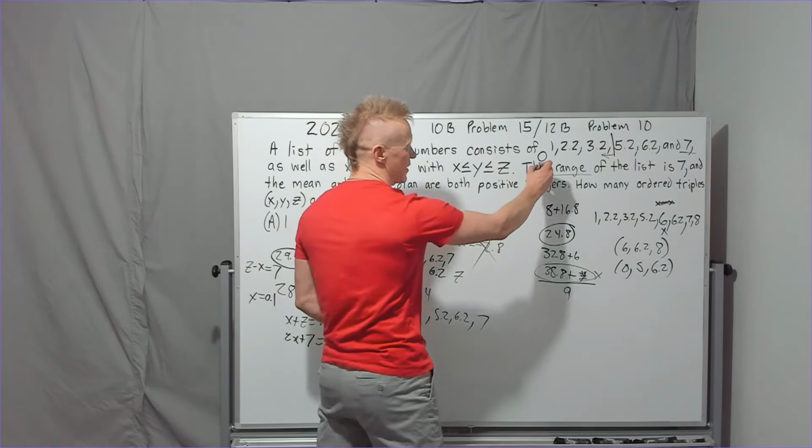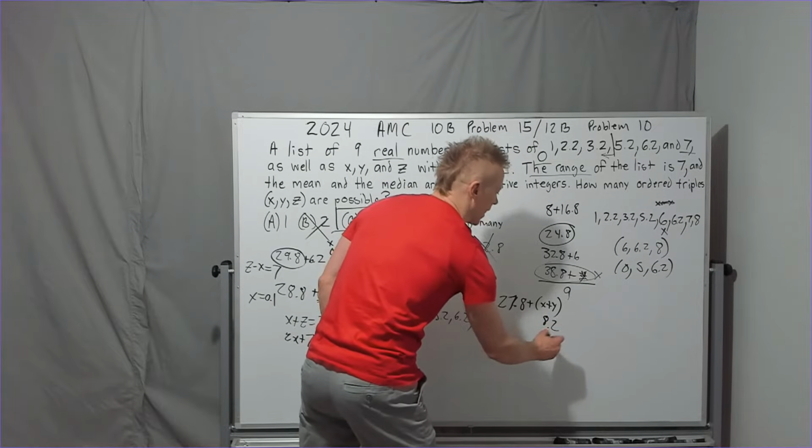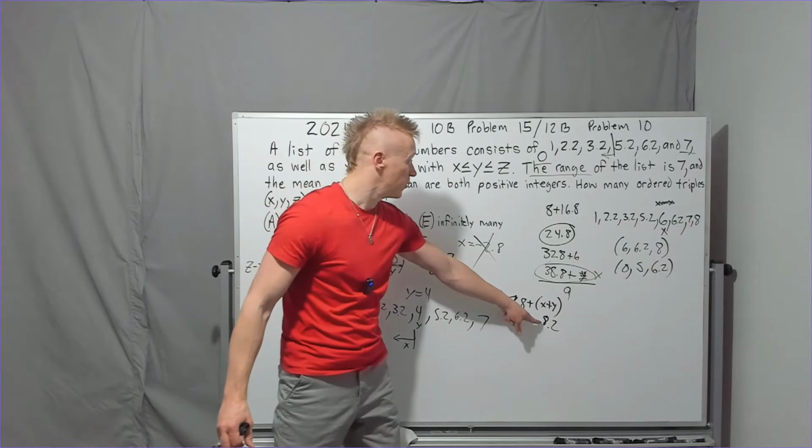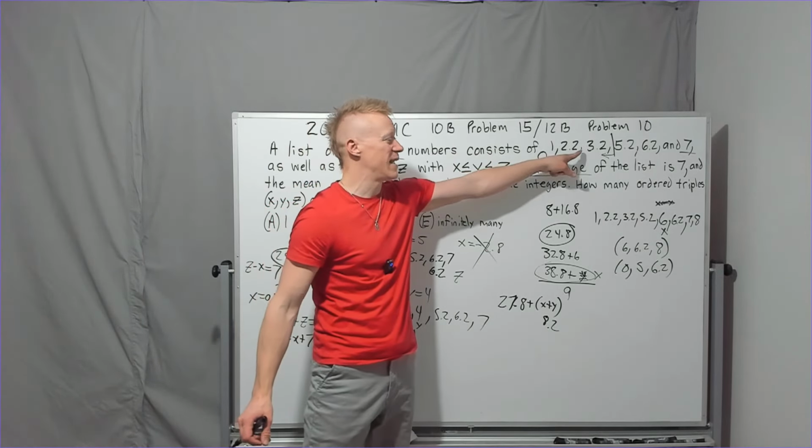That would take this 28.8, you're lowering the total by 1, you're down to 27.8, and you would need x plus y, because they have to be lower than z. You're going to need that to equal, to get to 36, you were adding 7.2. Now we have to add 8.2. The problem, even if they're both 4.1, they're both bigger than 3.